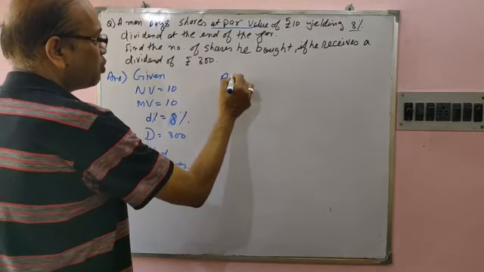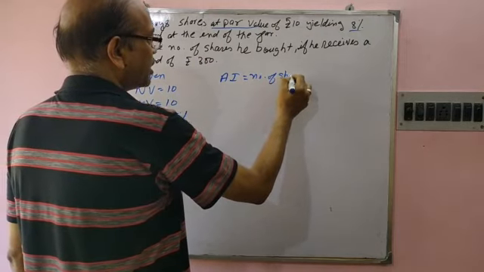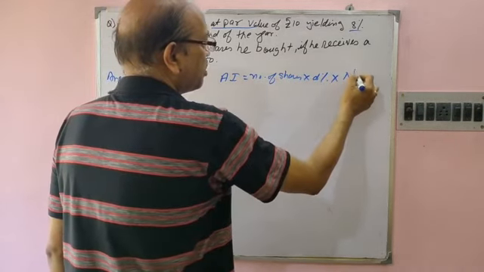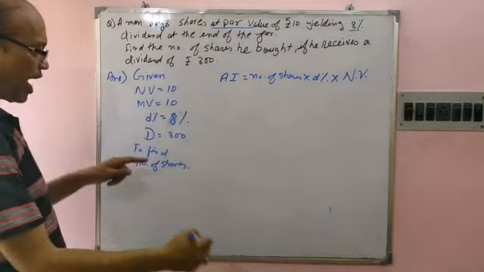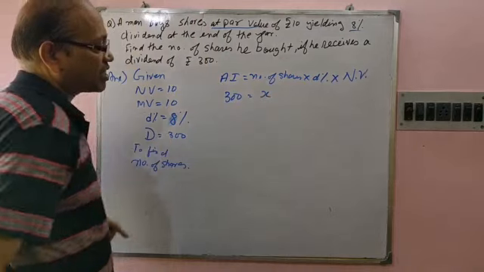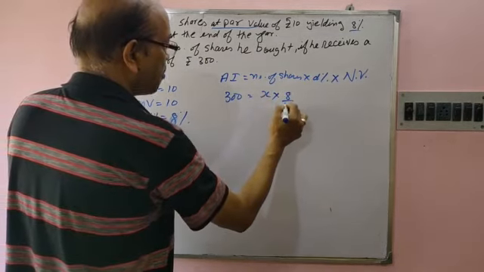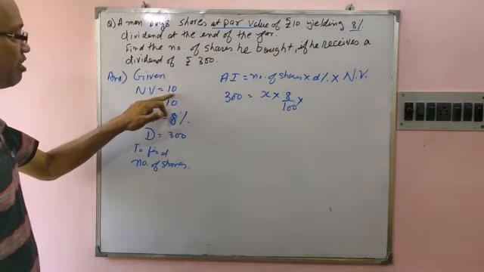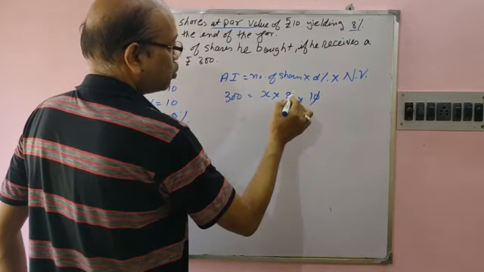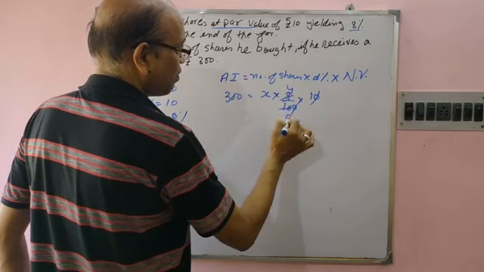We know annual income is equal to number of shares into D percent into nominal value. Now annual income is 300. Let the number of shares be X into D percent, that is 8 by 100 into nominal value 10. So 2 4s, 2 5s.